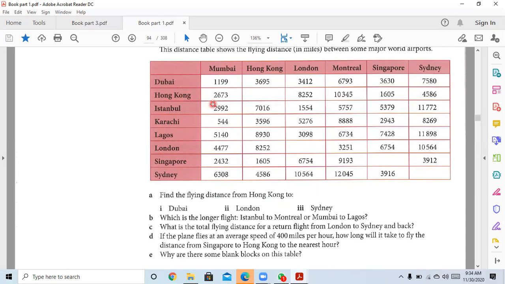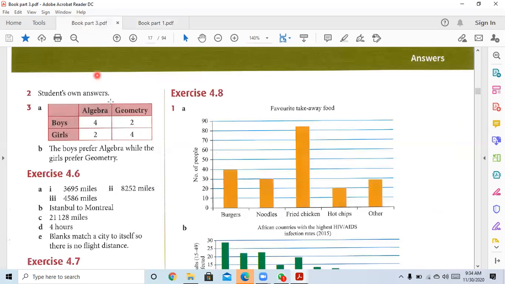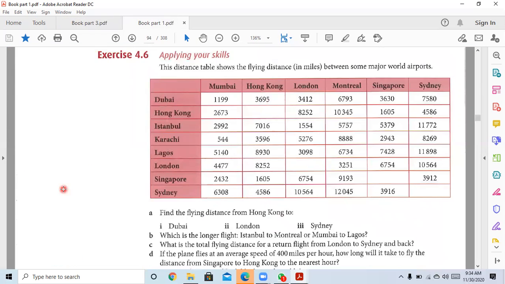The table shows the flying distance in miles. The distance from Hong Kong to Dubai is 3695 miles.